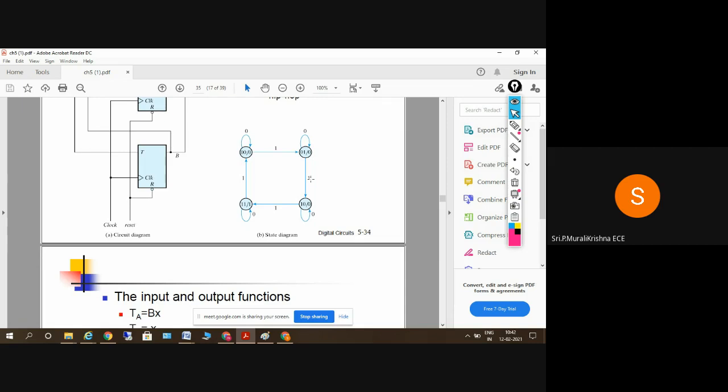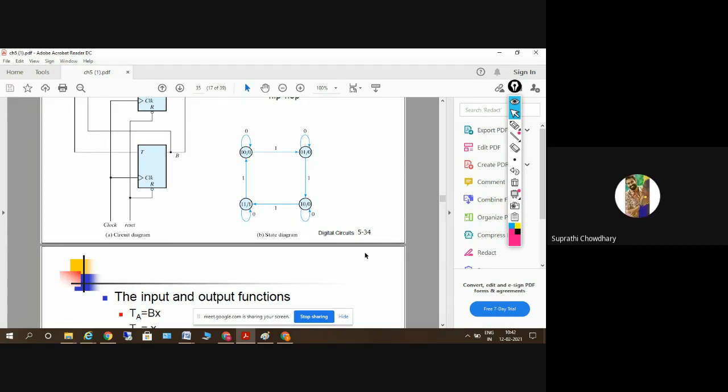The first method is to find the flip-flop input equations and, with the help of a truth table, find the values of the next states. In the other method, with the help of characteristic equations, substitute the flip-flop input equations into the characteristic equations and find the values of the next states. That is the difference here. Clear?